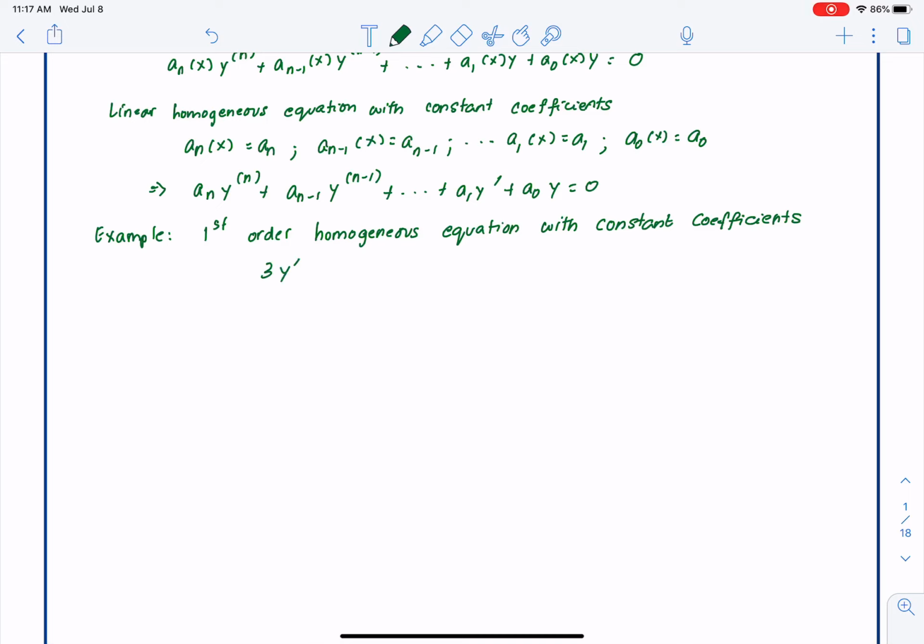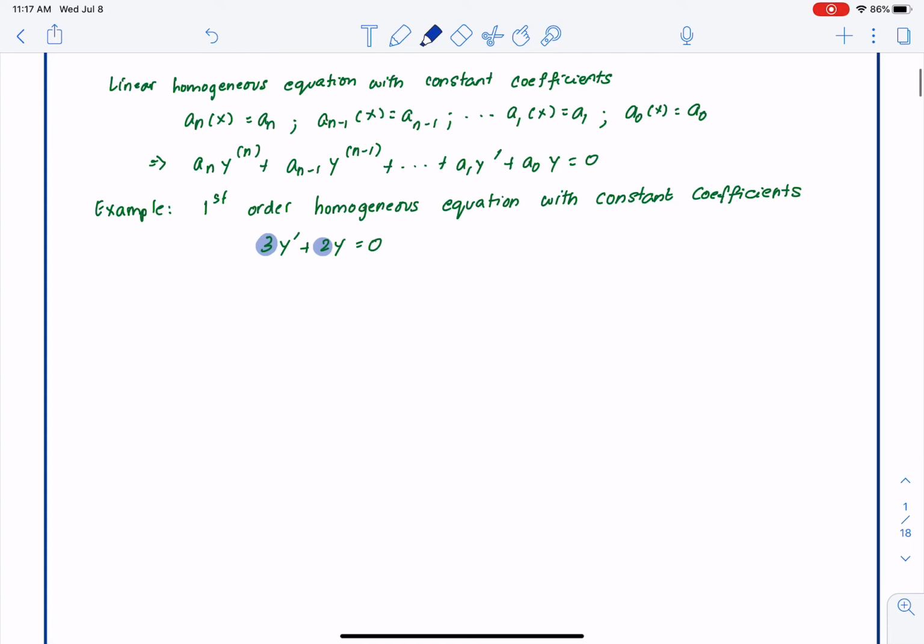So we'll have 3y' plus 2y equals 0. If you look at a_1 and a_0, both of them are numbers. In other words, they don't have any x terms or terms involving the independent variable.